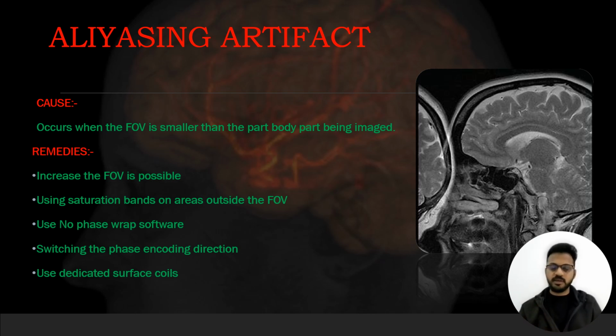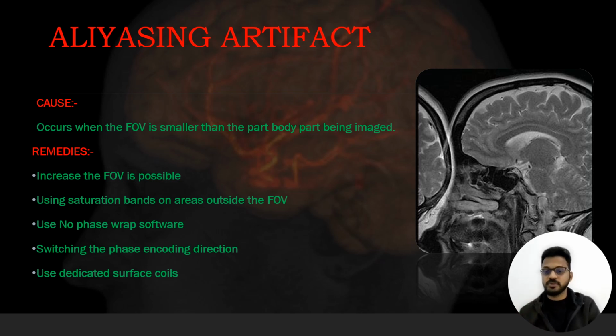For example, when we are doing orbit imaging or IAC imaging, we use short FOV scans. With a short FOV, the remaining part of the image overlaps the actual field. This is the aliasing artifact.